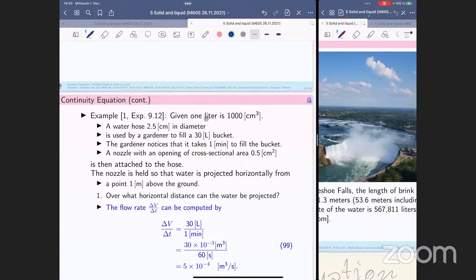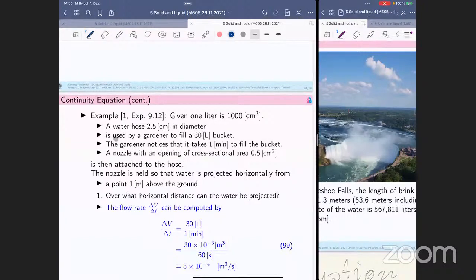Okay, 1 liter is equal to 1,000 cc or cubic centimeters. A water hose is 2.5 centimeters in diameter.